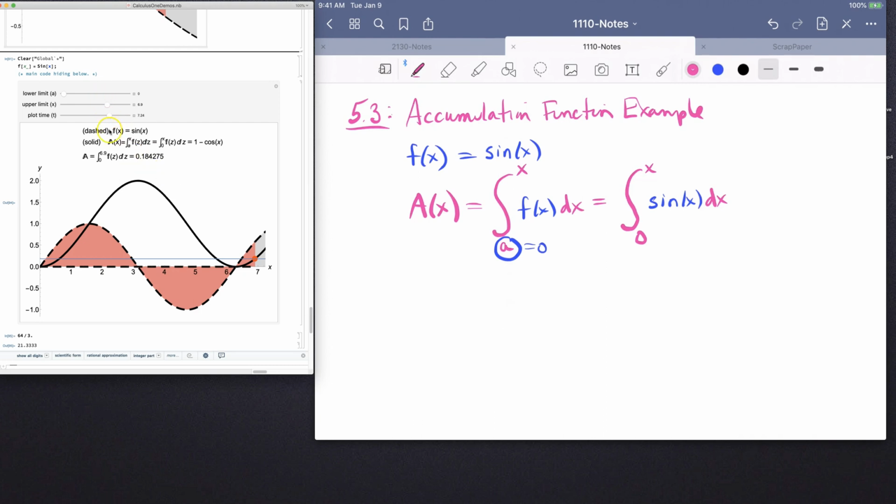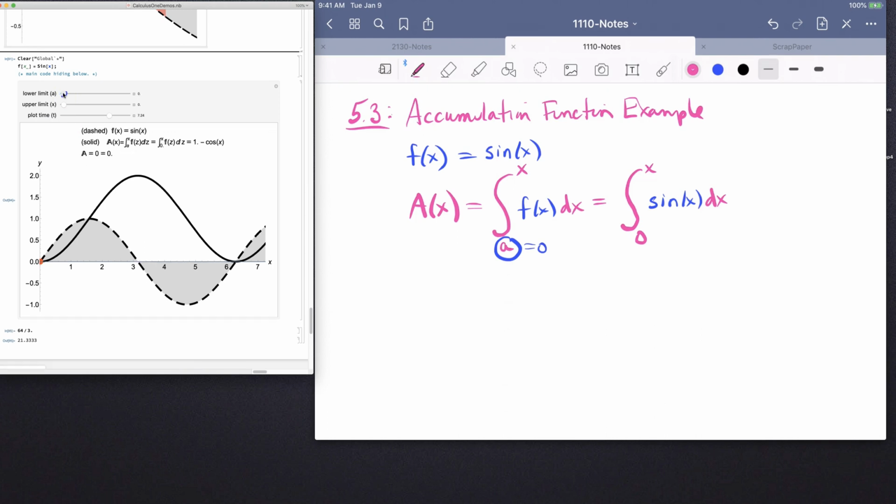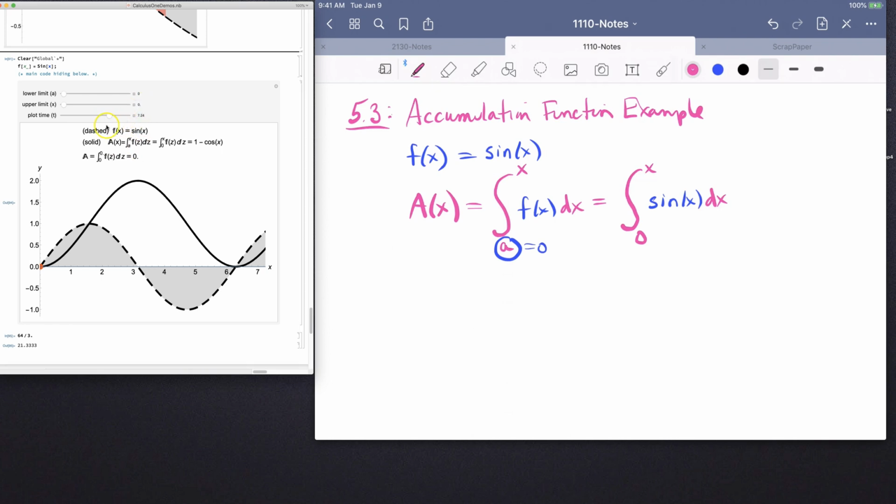Okay, so this time instead of focusing on the picture, we'll back this up and we'll just focus on the numbers. So we're going to watch this number right here. When a is equal to 0, we're accumulating area from 0 to 0, which is nothing. And we can see that the accumulation function is 1 minus cosine of x. So focus on this number here, the 0.64.